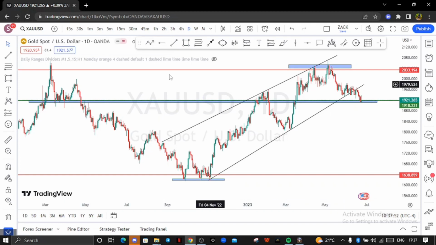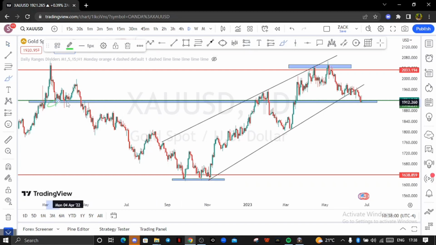So yeah, guys, we've seen that the market has been giving us some form of projections at this point, at this point, at this point. It was now support turned resistance. At this point, the market kind of resisted but broke out, and then it fell.